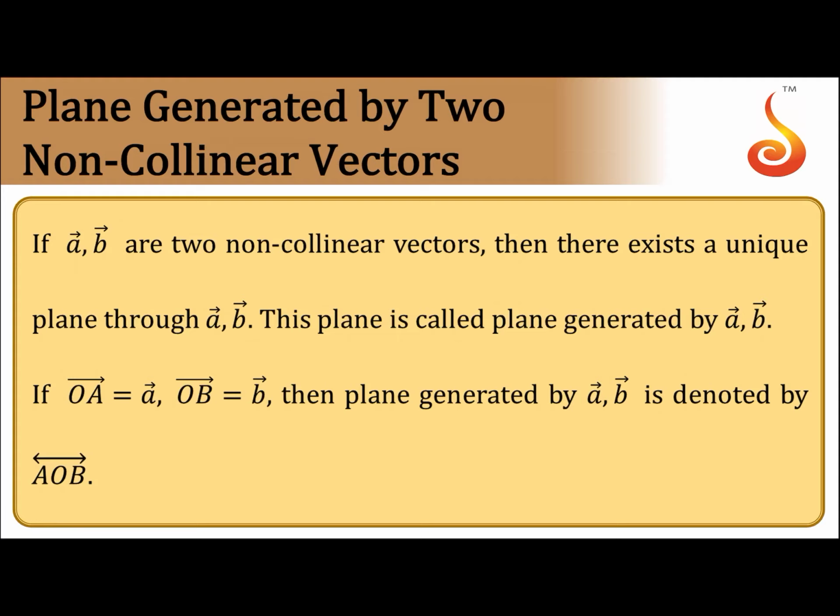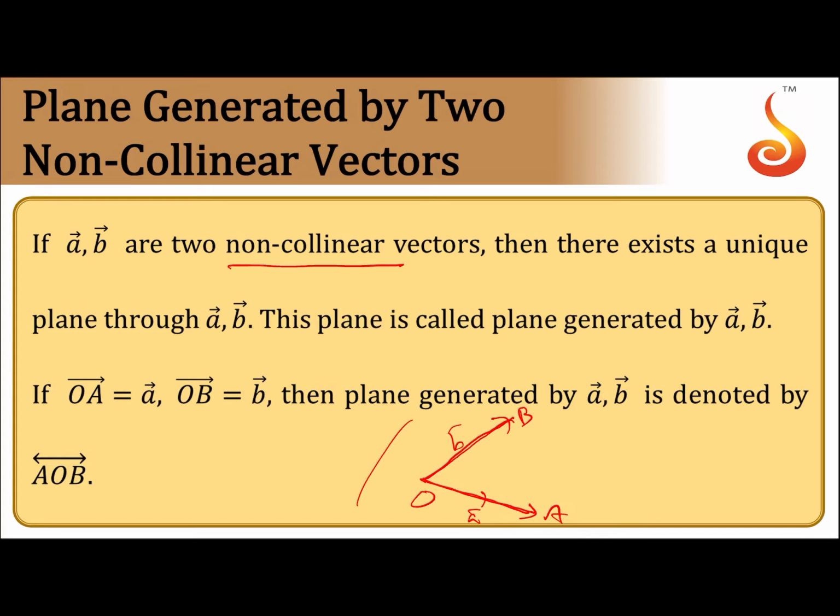I would consider that OA bar is one vector, that is nothing but A bar, and B bar is a vector along OB bar. Then definitely A and B are inclined to each other; they are non-collinear vectors. And definitely there exists a plane passing through A bar and B bar.